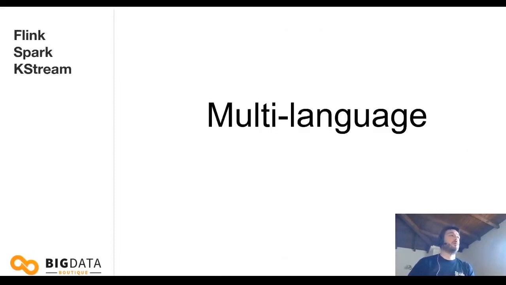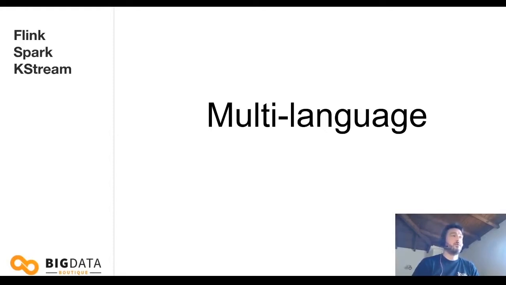Well, let's see some other differences. Multi-language: all those frameworks support different programming languages and platforms. Most typically, Flink is in Java, but you can use any other programming language based on the JVM, like Scala.